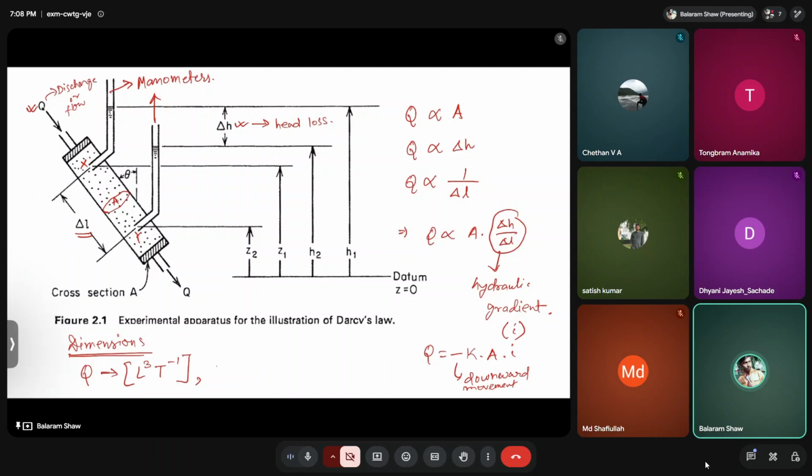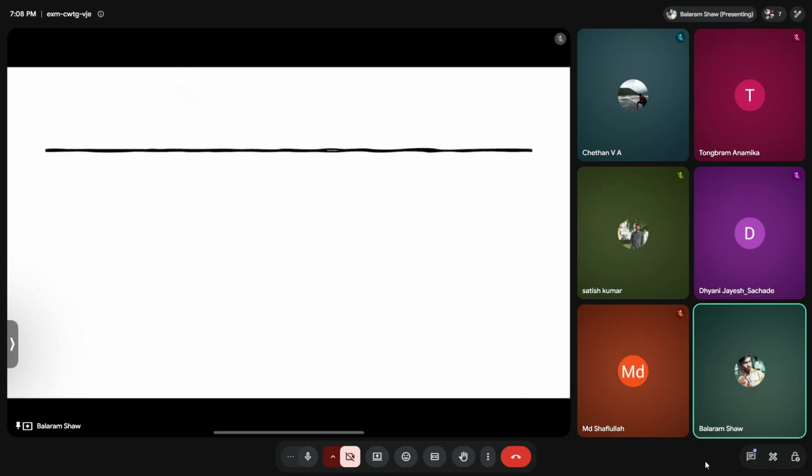And the unit of intrinsic permeability, that is small k, will be meter square, so the dimension will be L square.